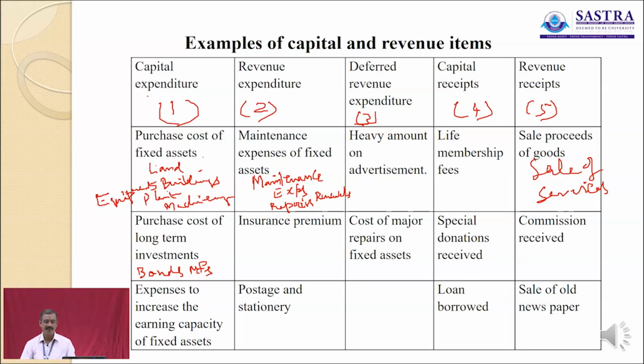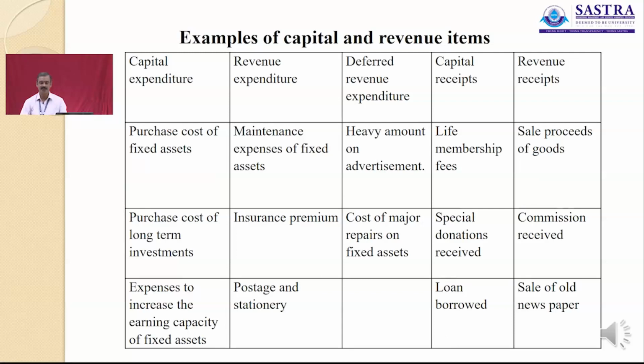The cost of major repairs on fixed assets comes under deferred revenue expenditure. Special donations received for a particular or specific purpose will be known as a capital receipt. The commission received or any kind of income received from any kind of operating activity will be known as a revenue receipt. The expenses to increase the earning capacity of fixed assets.